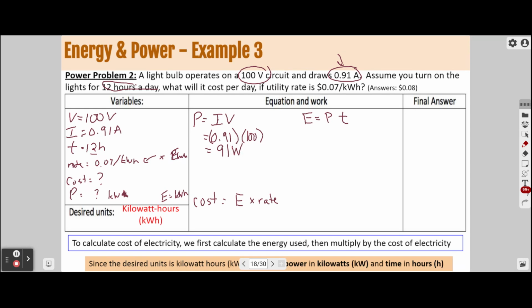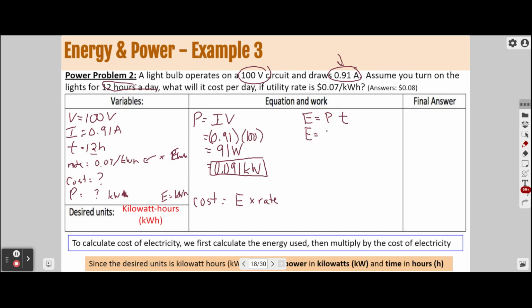Alrighty, but remember we want our units for power to be in kilowatts. So we're going to have to divide by 1,000 or move our decimal over by 3 to get to kilowatts. So 0.091 kilowatts.